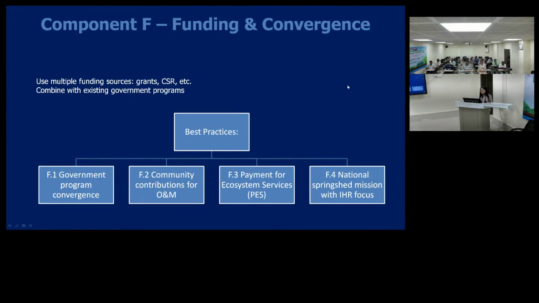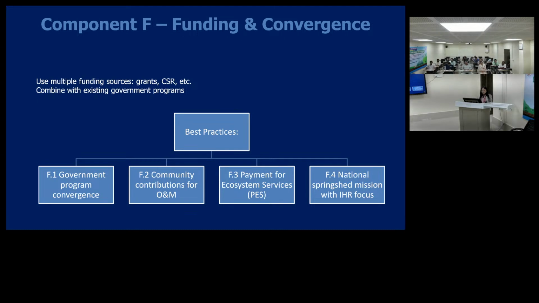The next one is the funding and convergence. Now after doing this comes the funding. Suppose you have mapped the recharge area of the spring. Now you want to do springshed intervention, springshed management. But where do we get the funding? So these are the funding and convergence options.